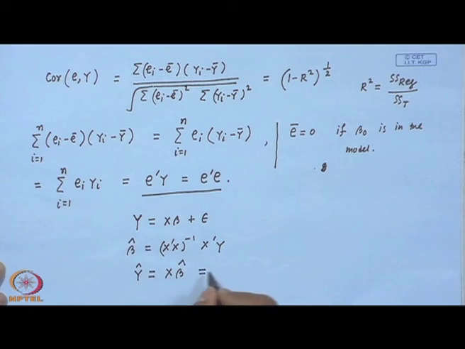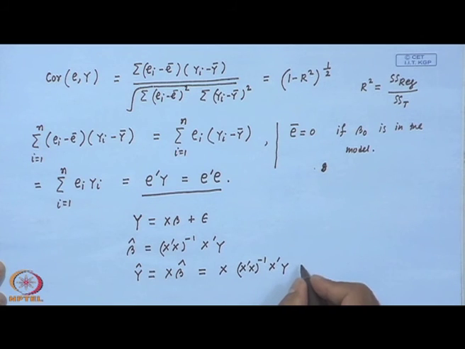So, I can write this one as x, and then I plug the value of beta hat here. So, x prime x inverse x prime y. Okay. And then I call this matrix H. Okay. This is called hat matrix, we know about this H matrix.